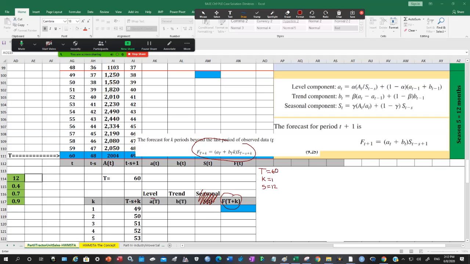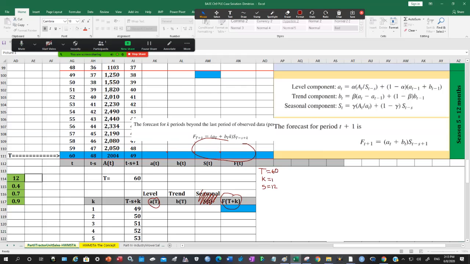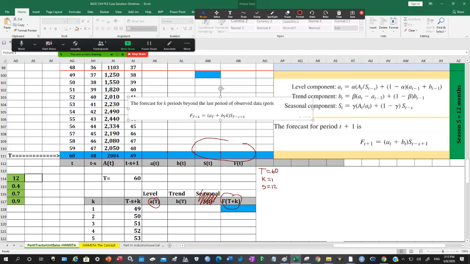So I know that this is a of uppercase T, which is equal to whatever this is right here. This is also that value that we have in blue.